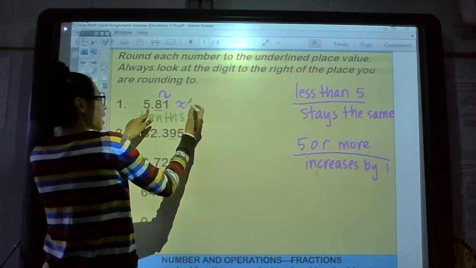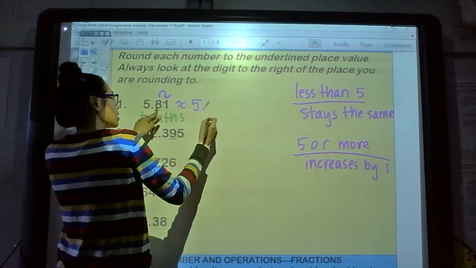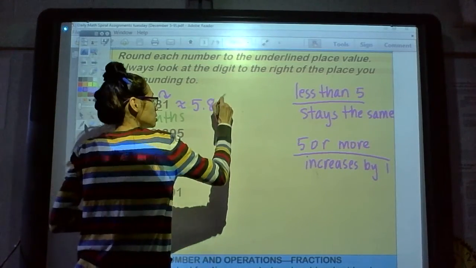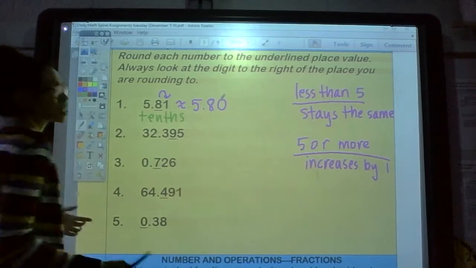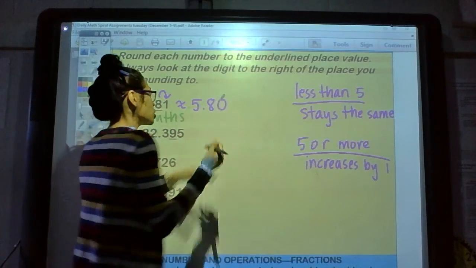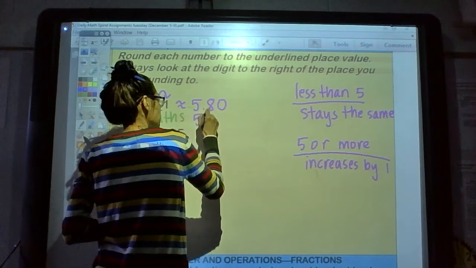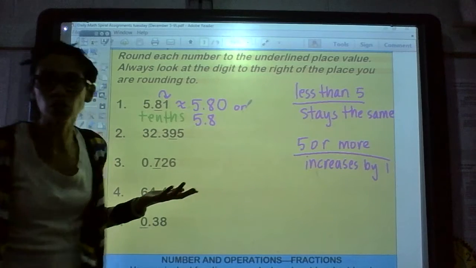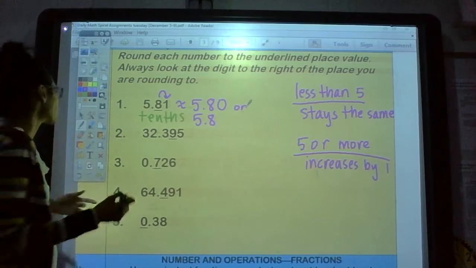Now remember, we have to write that 5. The 8 stays the same, and the rest become zeros. Now remember, when we have zeros at the end of a decimal, it's the same thing as not having zeros there. So we can write that, or 5 and 8/10. Bam, that was so easy. Let's look at the next one.